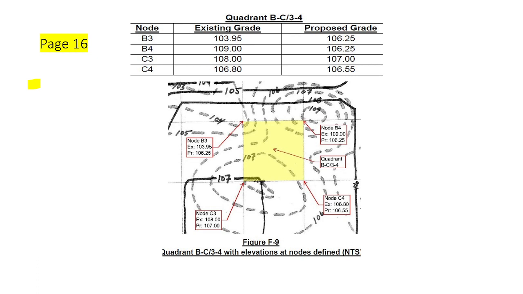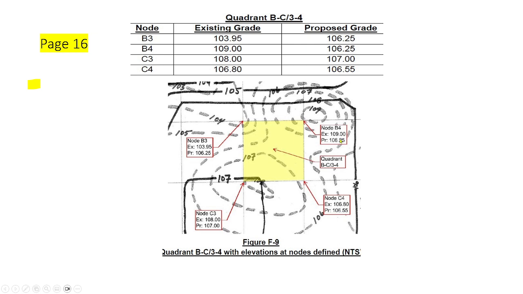The values defined in this table can be reflected on the plan, but usually the engineer marks up the plan and then transfers the information to a table such as this. Actually, it's a spreadsheet, and he's got all of these formulas in there that calculate these existing versus proposed. And figure 9 shows the elevations as interpolated. Those are the elevations that we're talking about here.